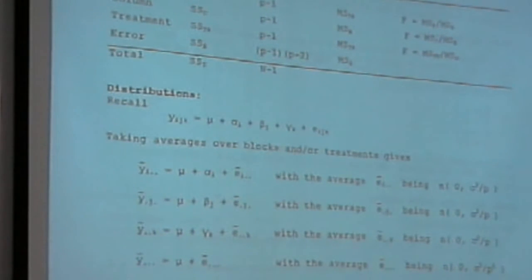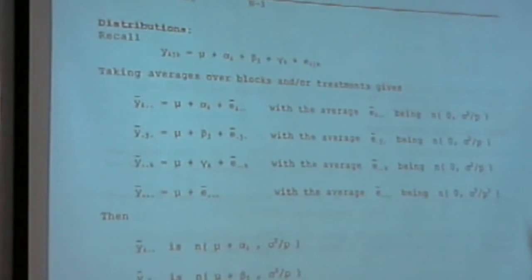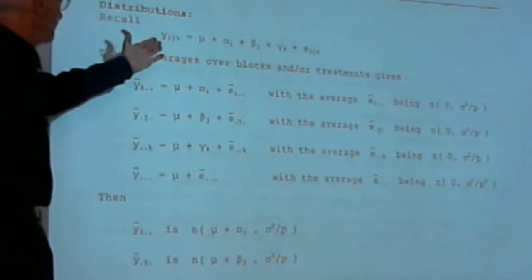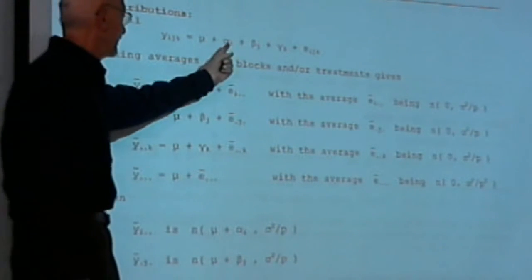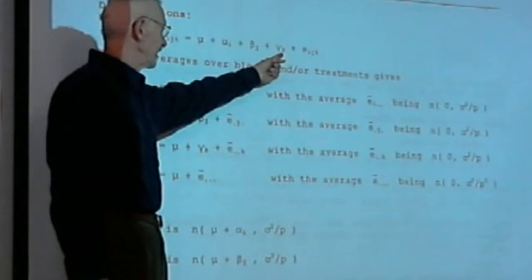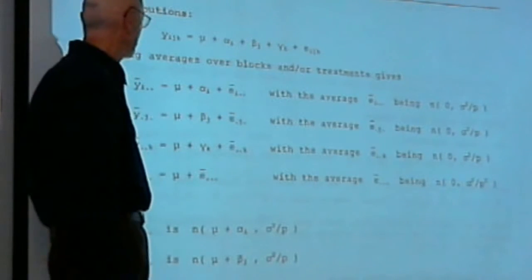Slide back to page 8. I mentioned earlier today that you're going to see this kind of thing happening often. Here it is again. Here's our model equation for the Latin square: the row variable, the column variable, the treatment variable, and the random error term.